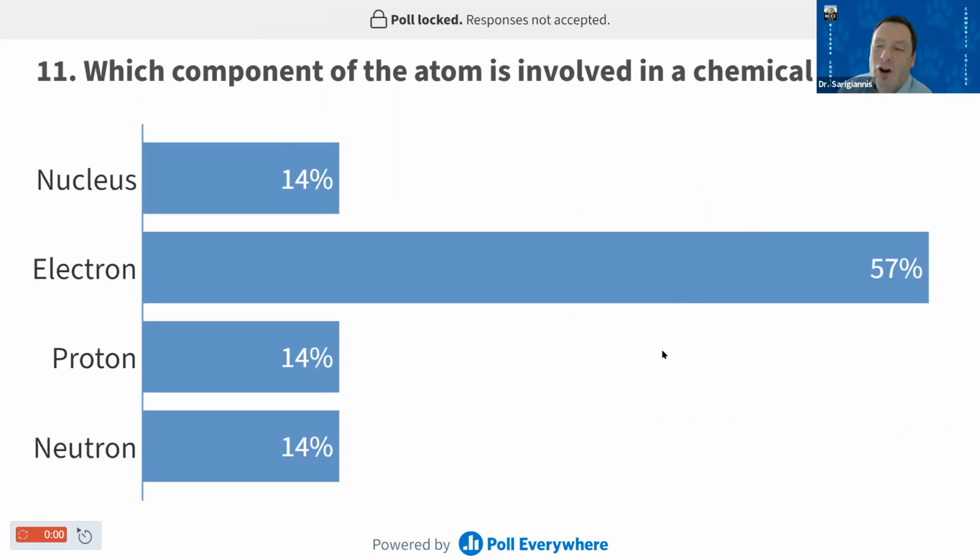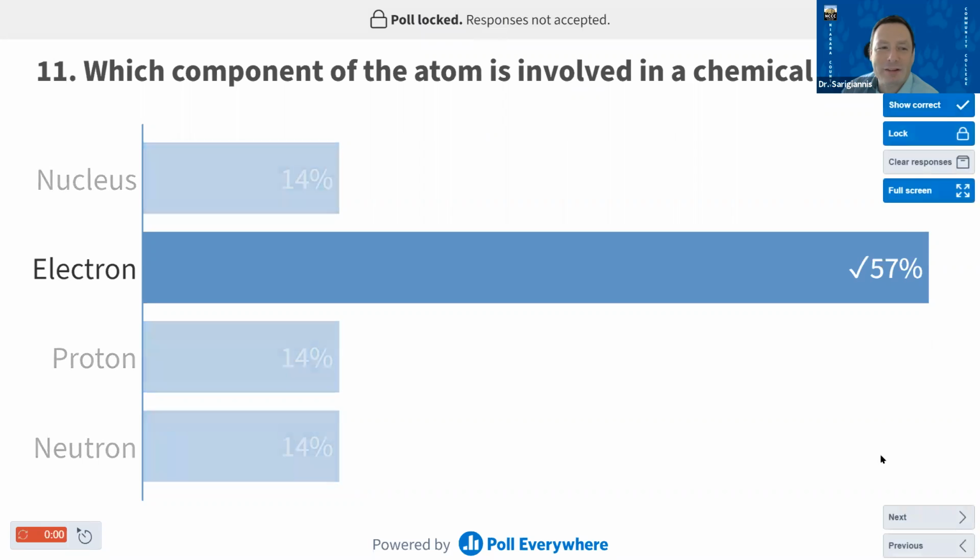The electron. This is the outermost, remember we were always talking about valence electrons when it comes to chemical reactions, right? When we talked about chemical reactions in the latest chapter, chapter 9, the electrons are the ones that are being exchanged or shared and resulting in chemical reactions. So electron, that's the correct response here.